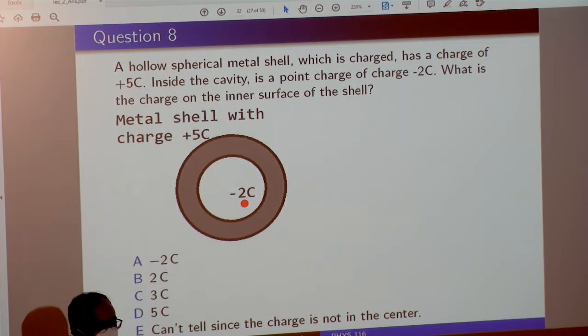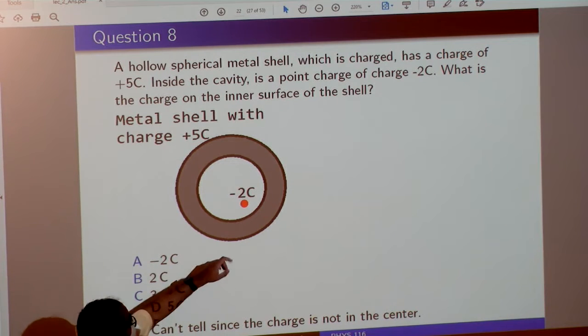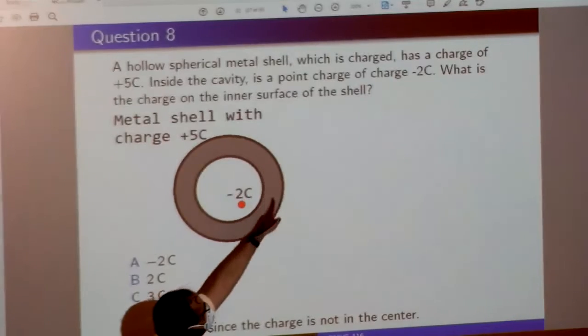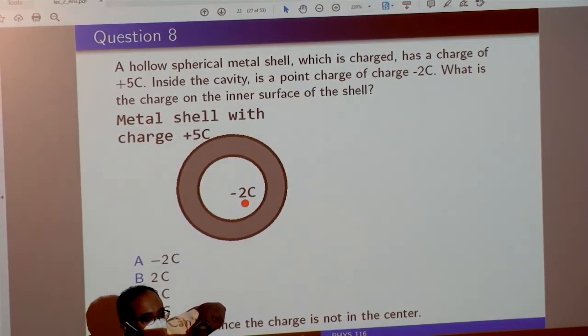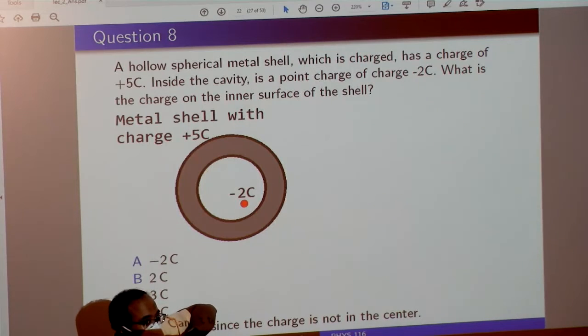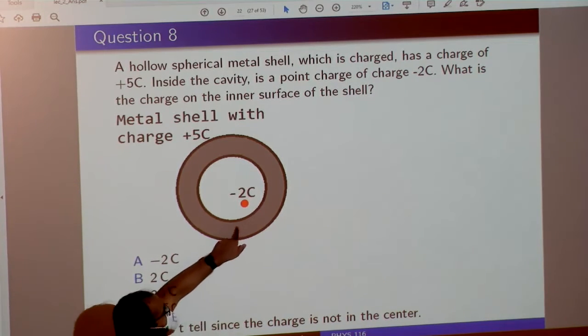So how do we use Gauss's law to fill it in? Okay, so we draw a Gaussian surface in the middle of the shell. Then you know that it has to be 0. What has to be 0? The field going through the Gaussian surface.